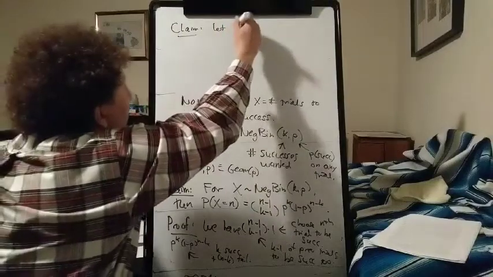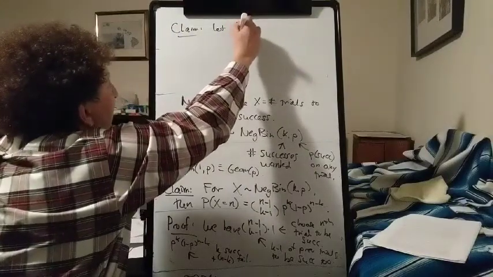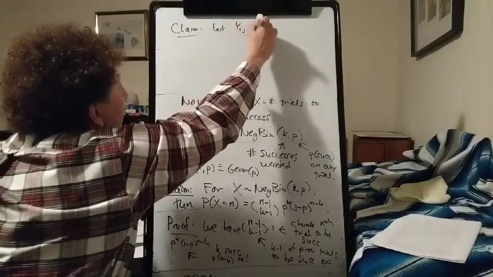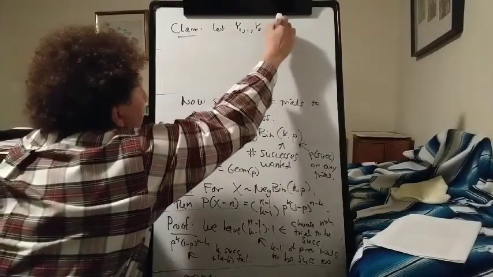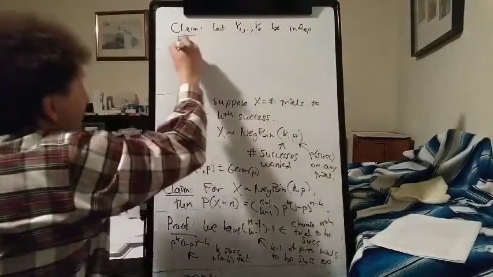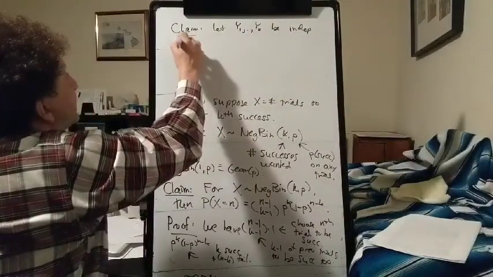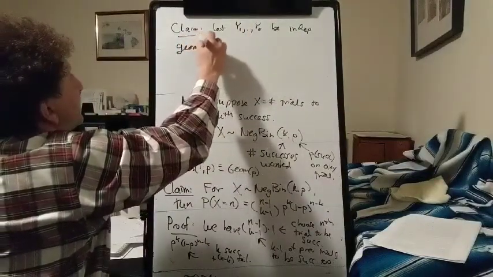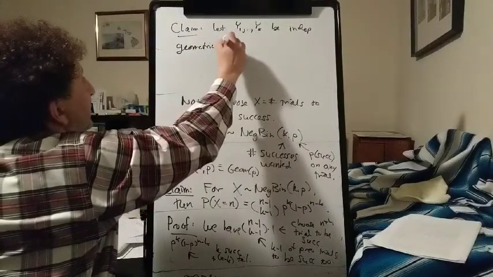So let's say we have k geometric random variables. Let Y1 through Yk be independent geometric random variables.